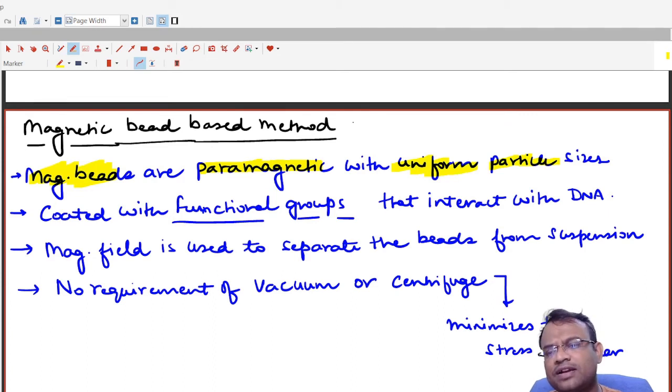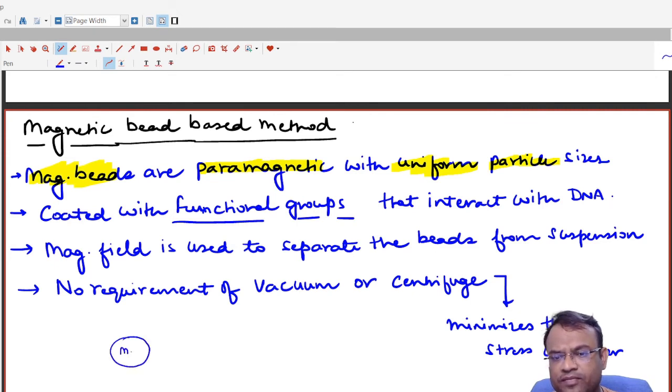Now these magnetic beads are coated with functional groups. Let us understand this. Suppose this is the magnetic bead. Now this magnetic bead would be coated with some functional groups like this, and these functional groups would be interacting with the DNA like this.